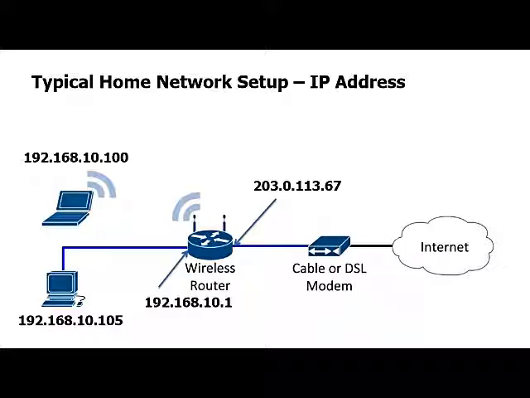Well, we have something that we use every day that's a logical identifier for buildings, and that is the street address. As a matter of fact, the street address of your home or business in combination with the zip code looks very similar to what we use in data networking to logically address devices. So here in our home network setup, we're going to use IP addresses just like we do on the entire internet.